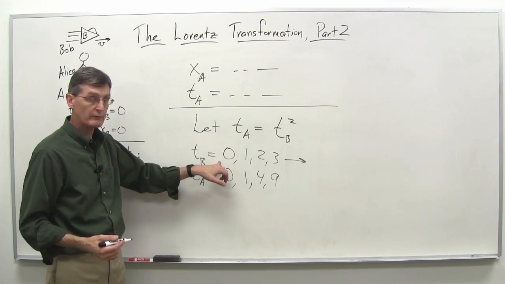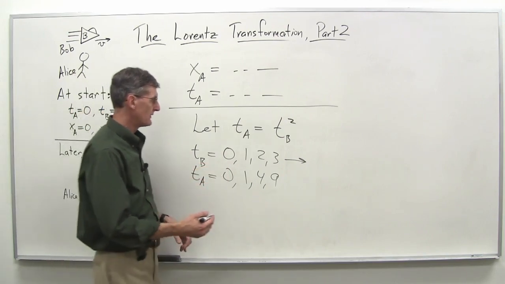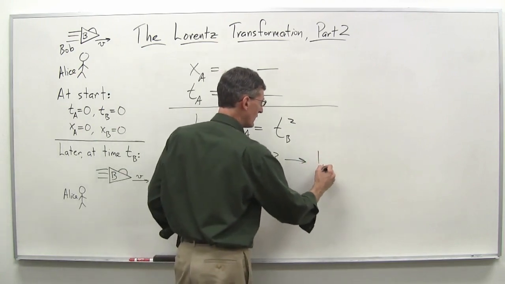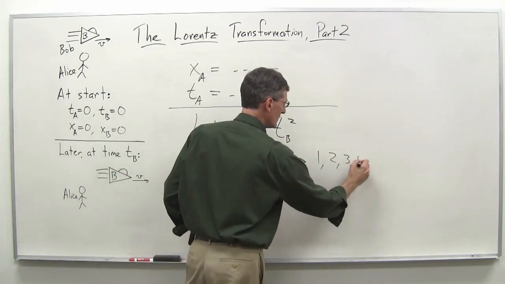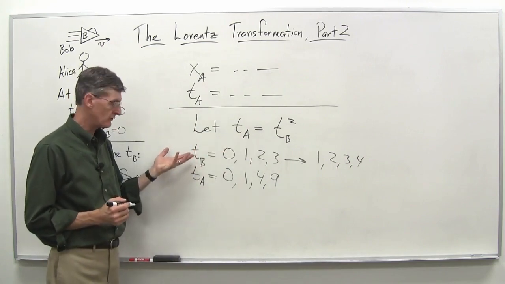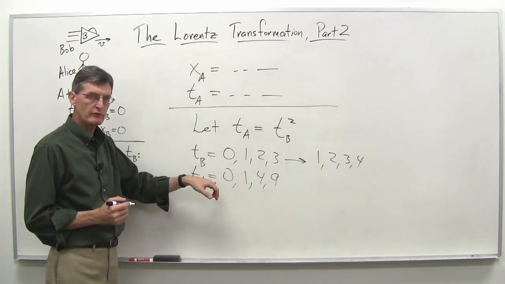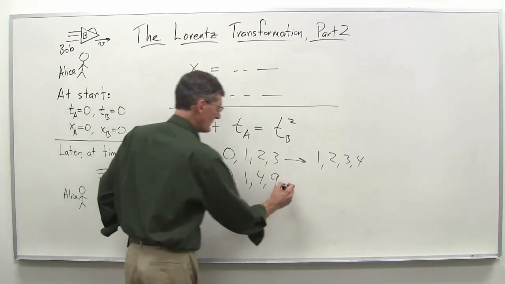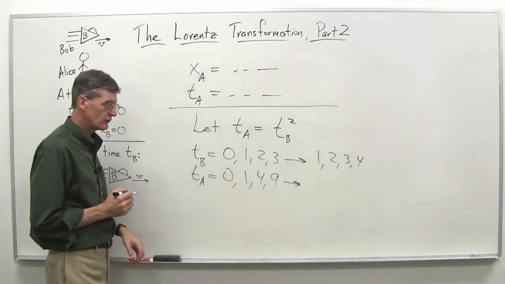So for Bob's clocks, I could just as easily reset it and move it forward a second, so that instead of 0, 1, 2, 3, I had 1, 2, 3, 4. Wouldn't make any difference to Bob in terms of his measurements. But look what happens when you then use this formula and put it into Alice's clocks and her times.